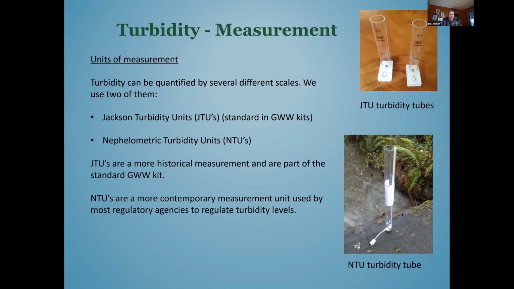If you called up the Department of Ecology and said, hey, I found 50 JTUs, they would say, what? But if you said I found 50 NTUs over background, they'd say, oh, that's terrible, let's investigate. For measuring and tracking changes of turbidity over time, we use the standard JTU test, which is easier to measure down to a lower level.